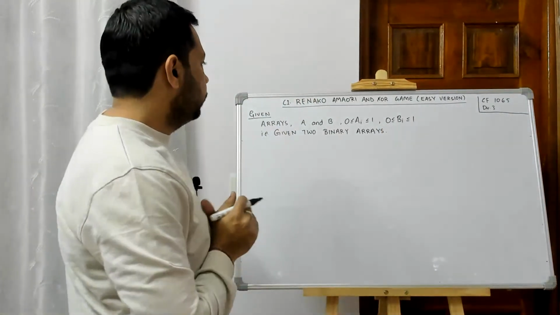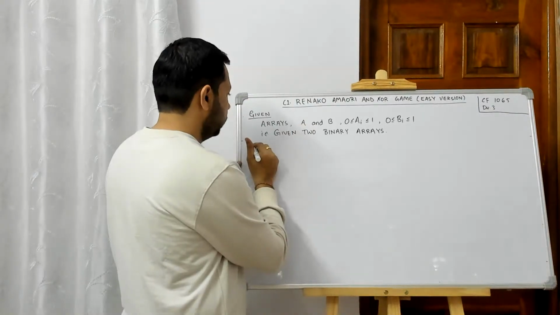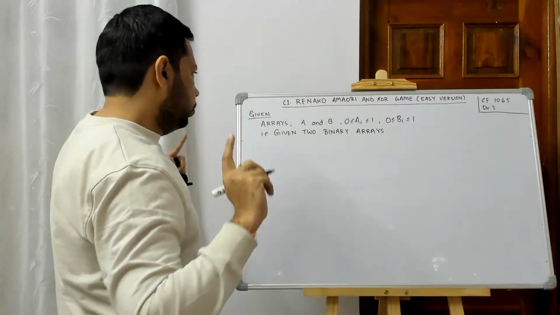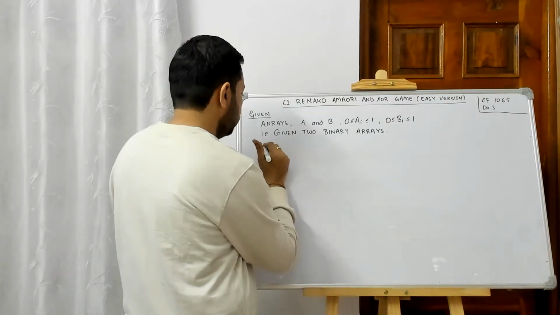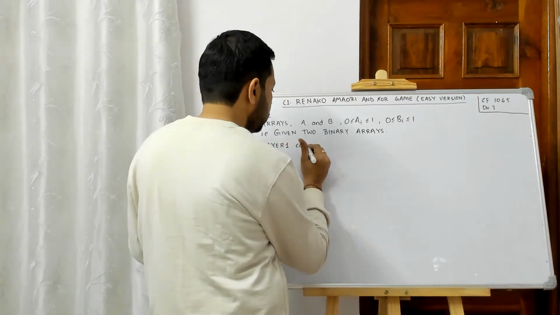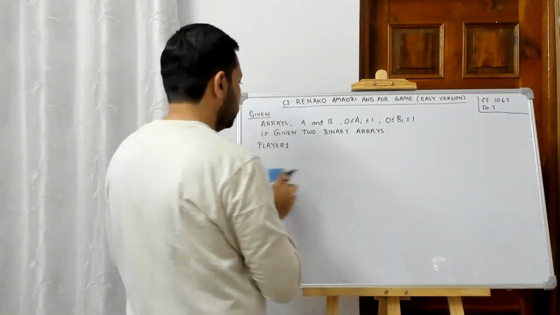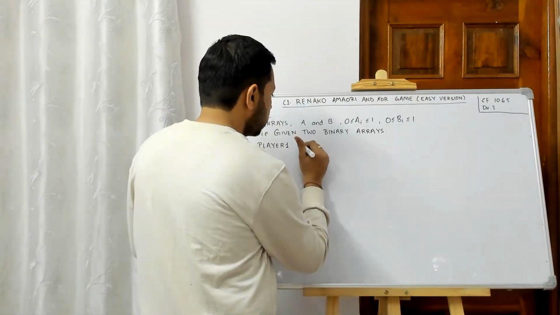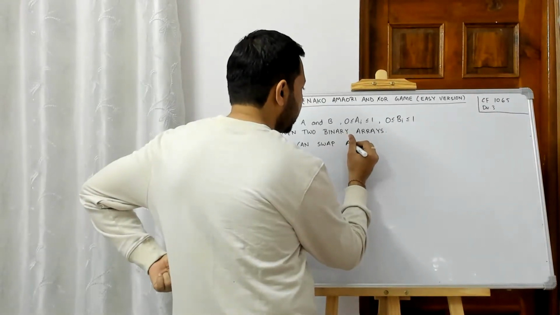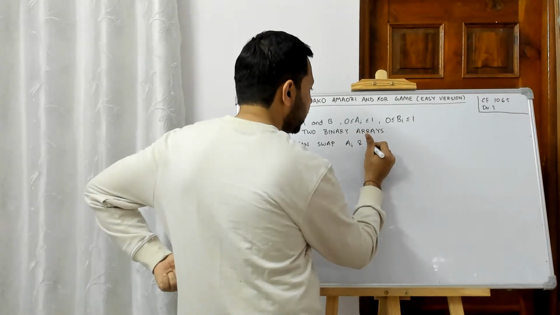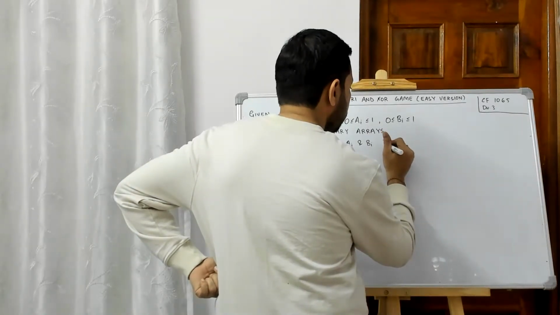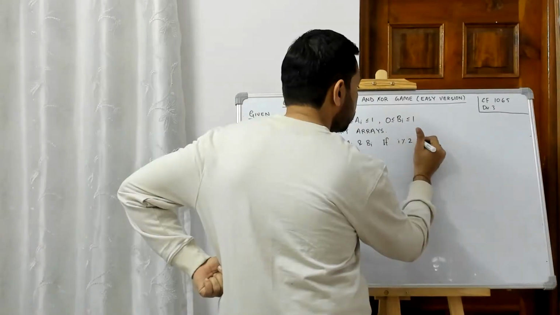Given two binary arrays, player 1 can swap Ai and Bi if i mod 2 is 1.